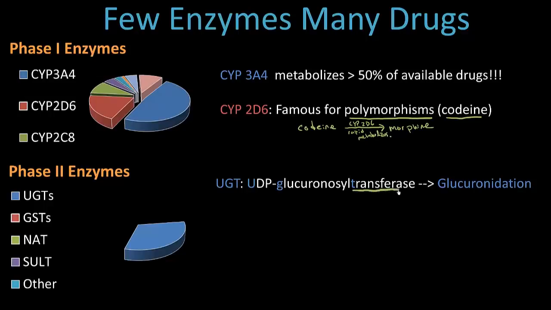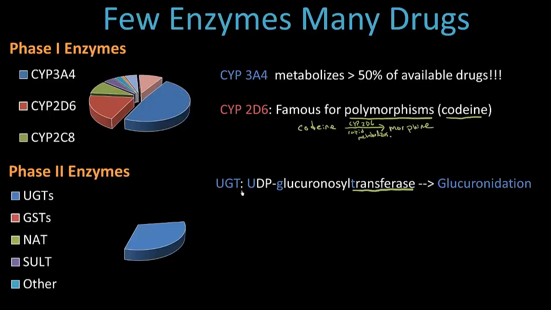Just see the word transferase in there and glucuronyl, and you'll know that's glucuronidation. This is actually the most common phase 2 reaction. This is the same process that's occurring with breaking down red blood cells and the bilirubin. When we form conjugated bilirubin, this is what's going on.